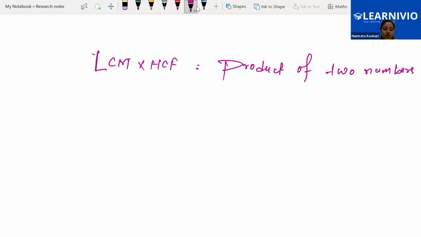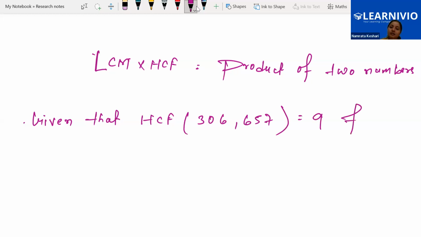So if we are having a question that, given that the HCF of the given numbers 306 and 657 is equal to 9, find the LCM of the same.